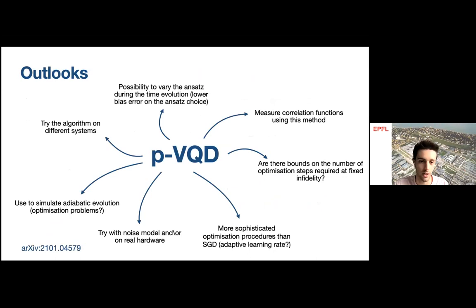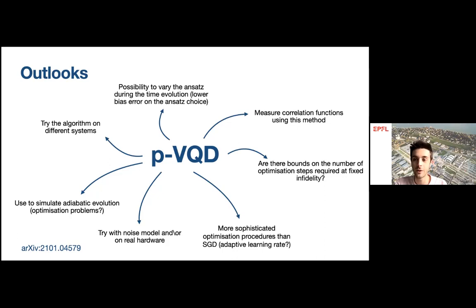So, study the time evolution of other physically interesting systems, maybe some physically interesting phenomena. Use it to simulate adiabatic evolution, which can be interesting to approach optimization problems. Try with noise models or on hardware, which is quite difficult, from previous experience using hardware.